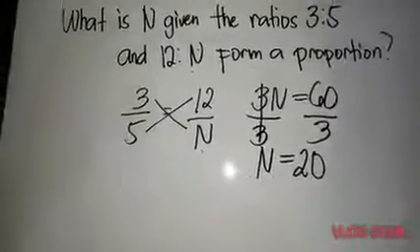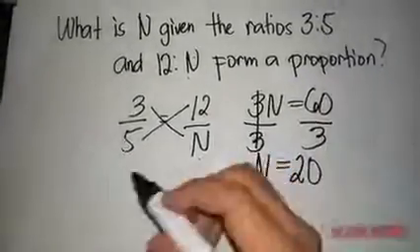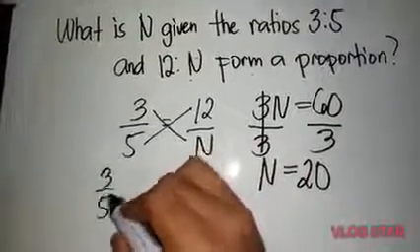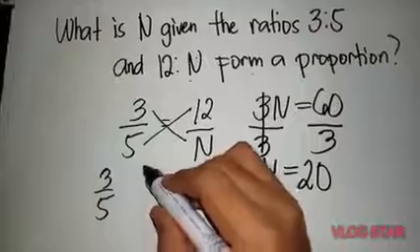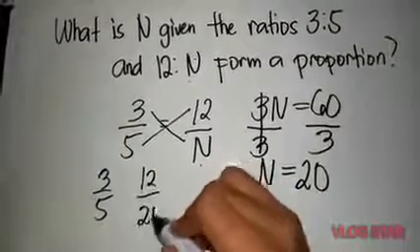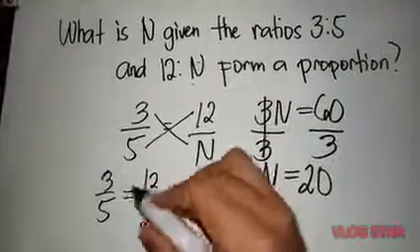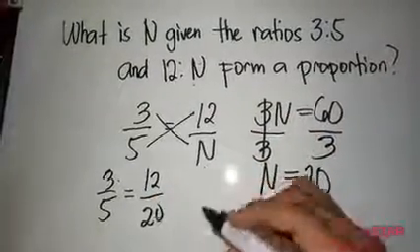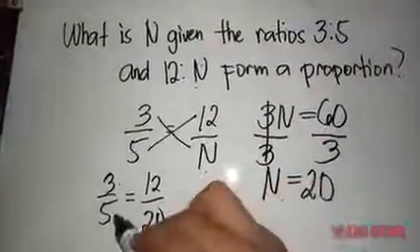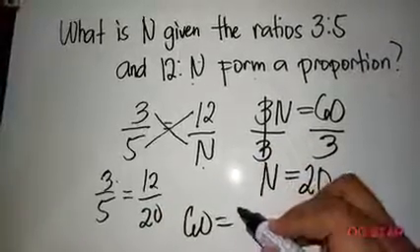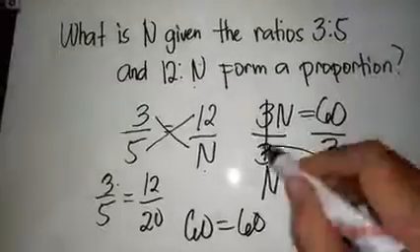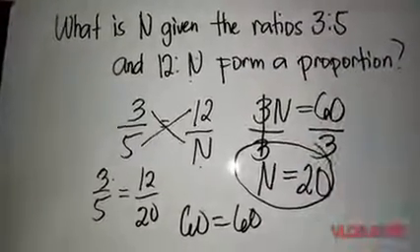To check whether our answer is correct, we have 3 to 5 and 12 to 20, then cross multiply. 3 times 20 is 60, 5 times 12 is 60. It means that our answer is correct: the value of n is 20.